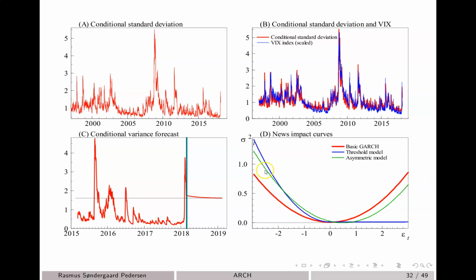So again, we can see that the neutral shock is around 0.5%, and we can see that the conditional variance reacts more to a negative return or a negative shock compared to a positive shock.